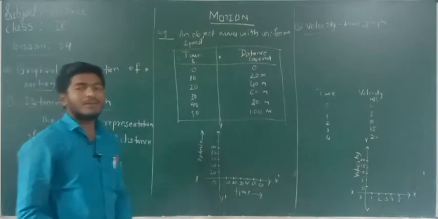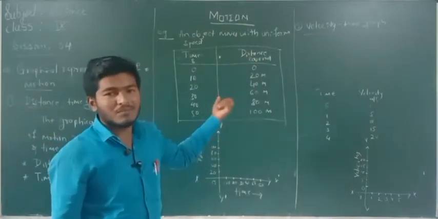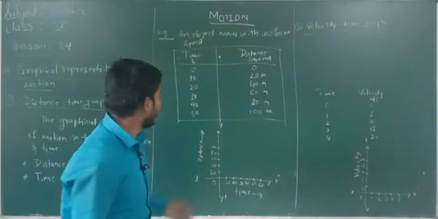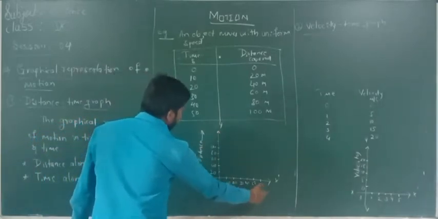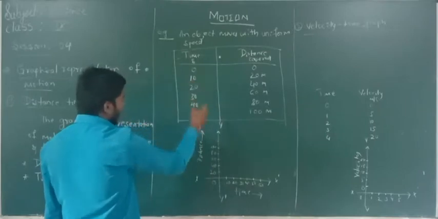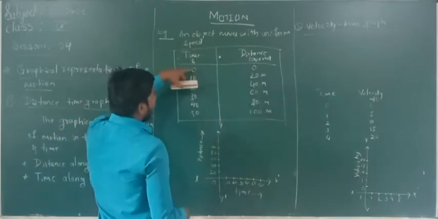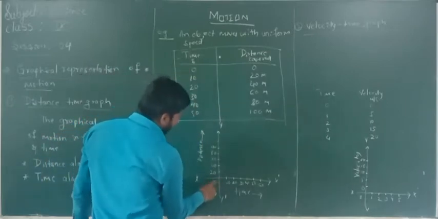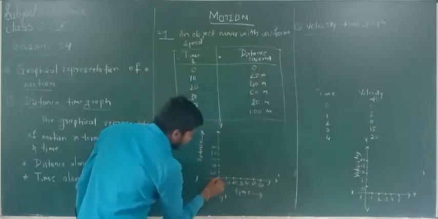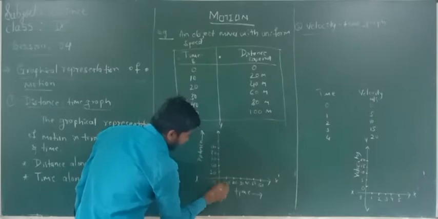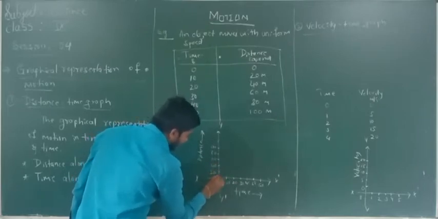Now we are going to represent this uniform motion of the car in a graph. First, time along the x-axis and distance along the y-axis. At time 0 seconds, the car covers 0 meters of distance.